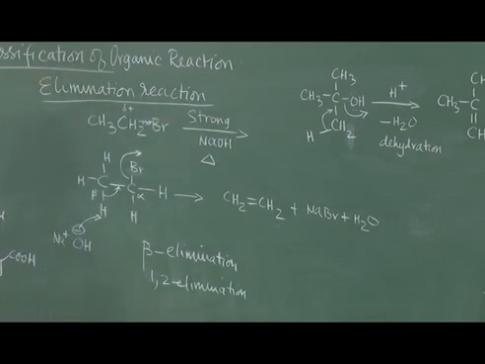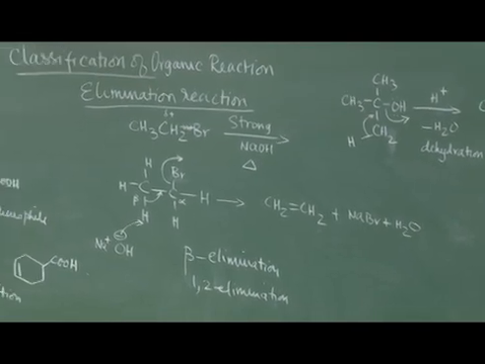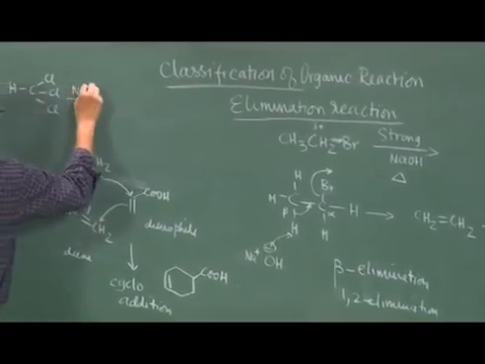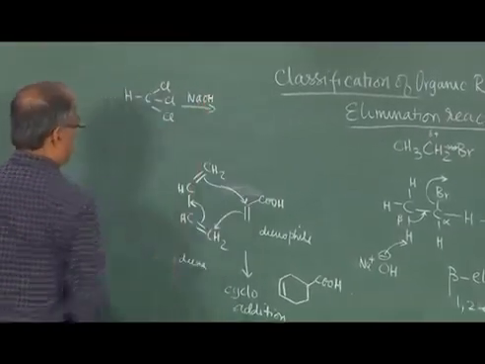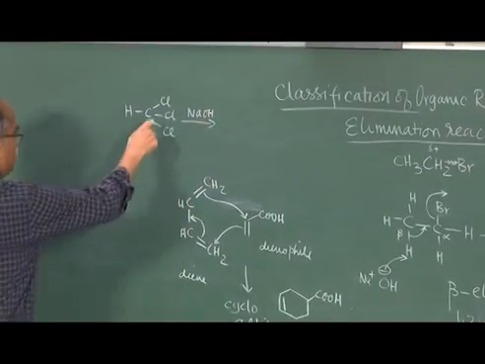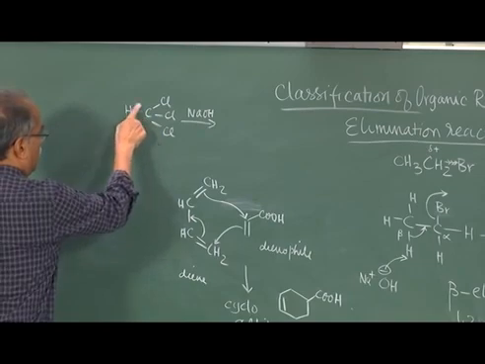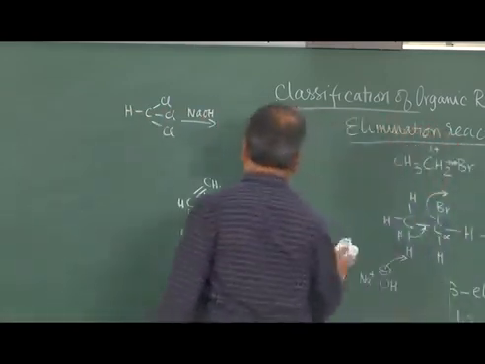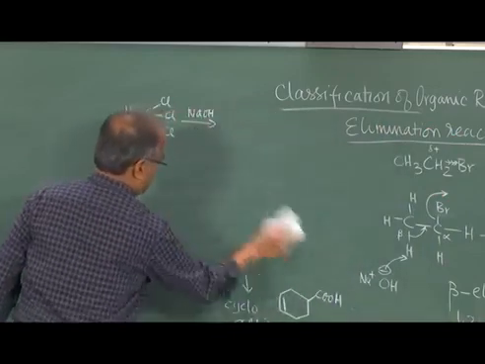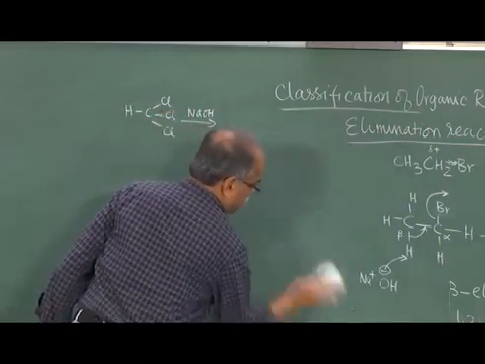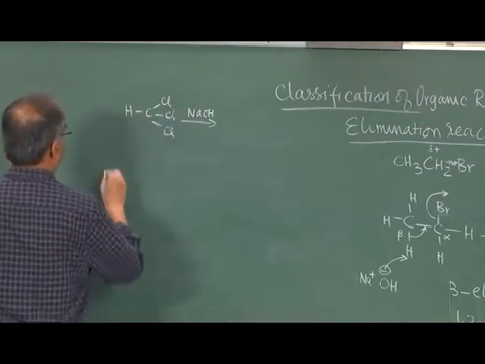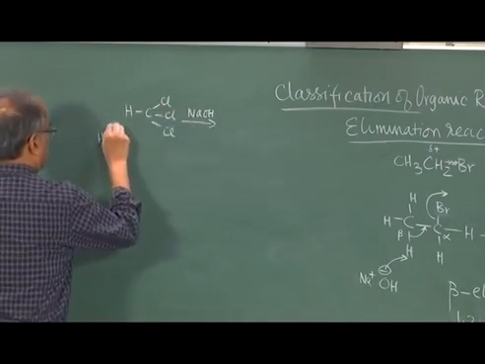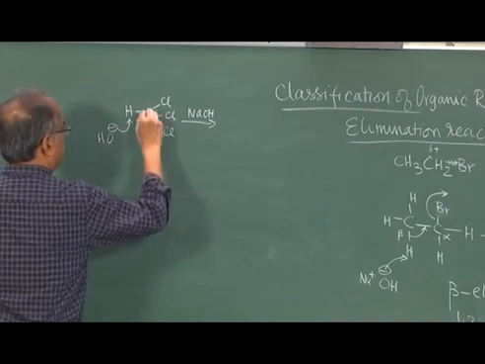There are examples of alpha elimination known. If you take chloroform and treat it with sodium hydroxide, because of the presence of the 3 halogens on this carbon, this is a fairly acidic hydrogen. So, this hydrogen can be removed. The OH minus essentially removes this hydrogen.